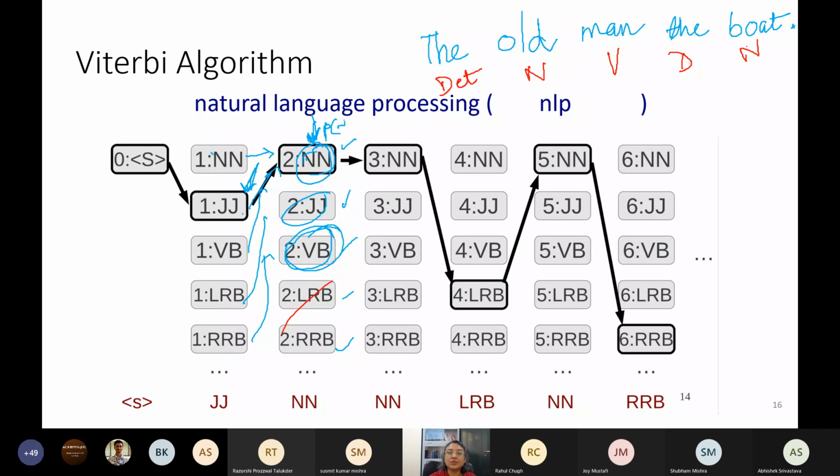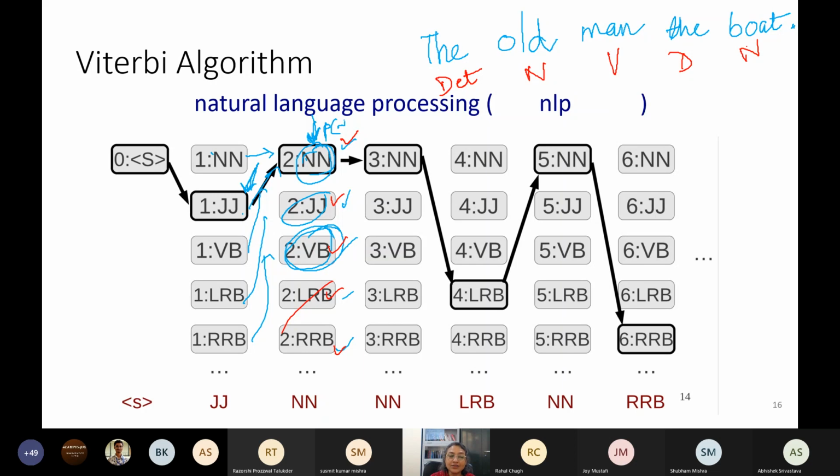So yeah, so this is that. What I'm saying is that you have to keep around all these probabilities, but you can find out the path for which ending in this probability is the highest.